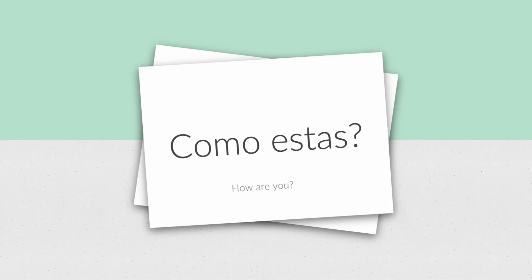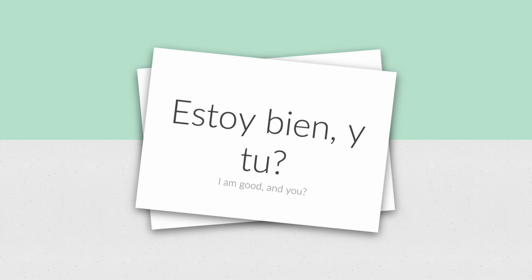¿Cómo estás? How are you? Cómo is how. Estás is are you, your state is being asked. How are you? Estoy bien. ¿Y tú? Estoy is the response to estás. Estás is you're being asked your state.